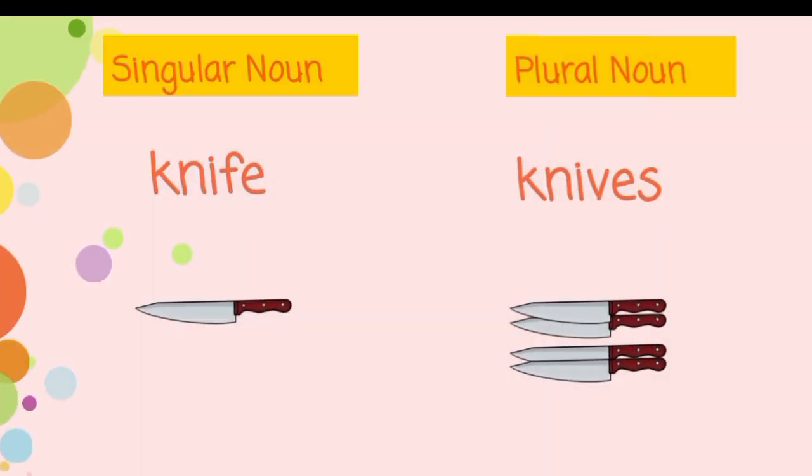In the next example, we have knife. Here, fe is present at the end of the word. So, in such a case, we will replace f with v and then we will add es. Knives. Here, we added es after replacing f with v.